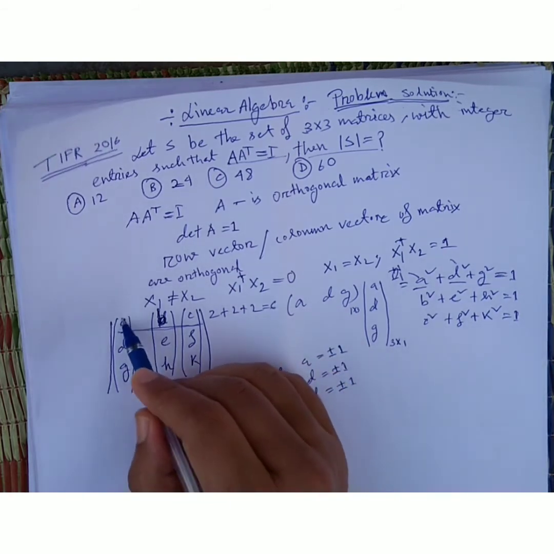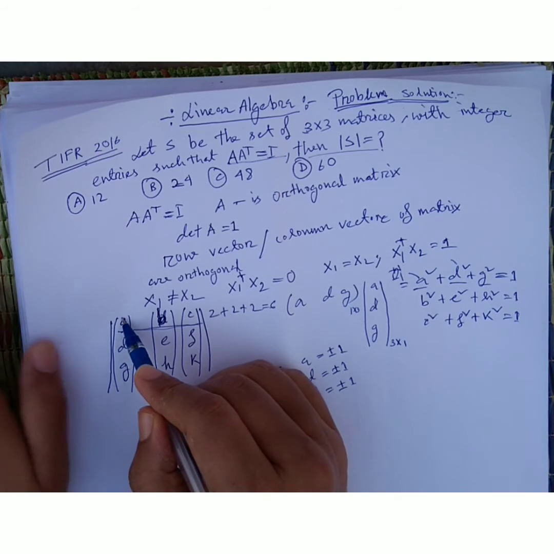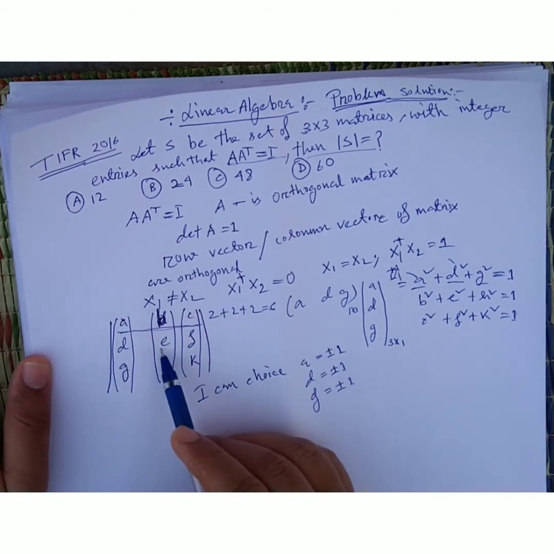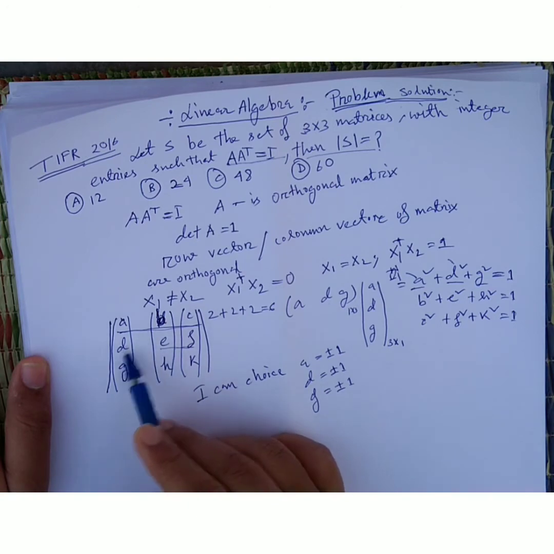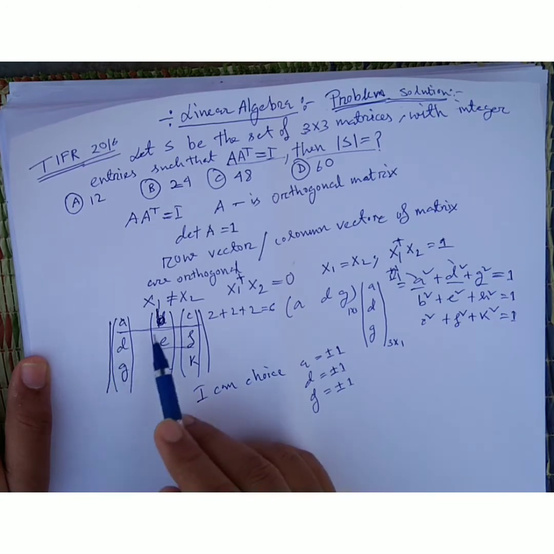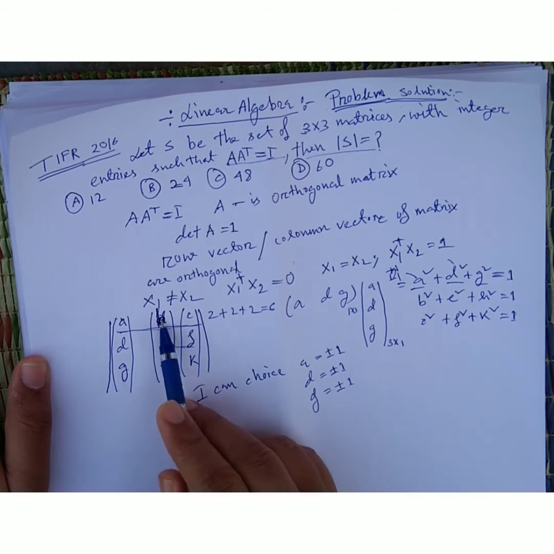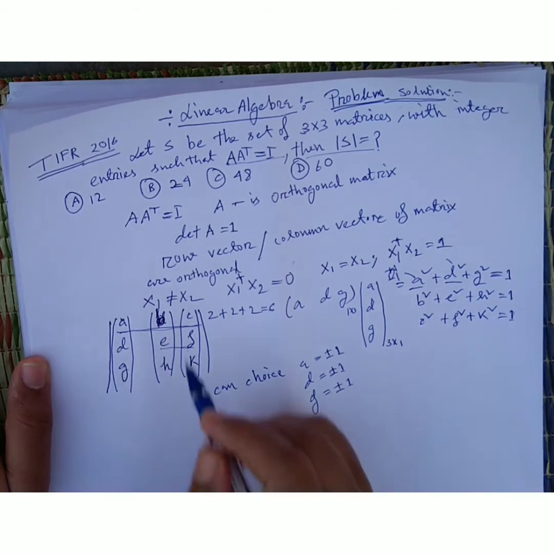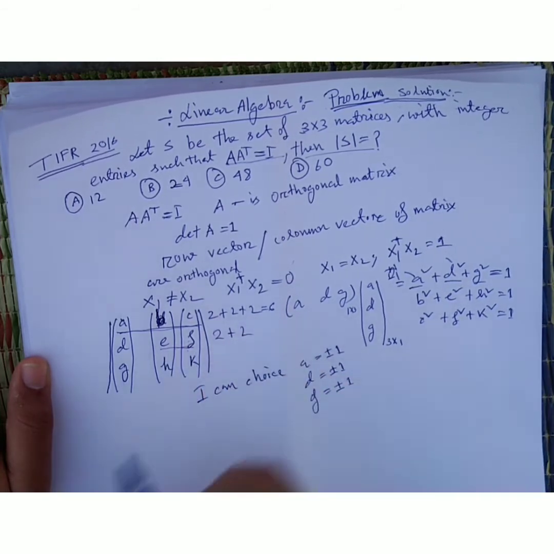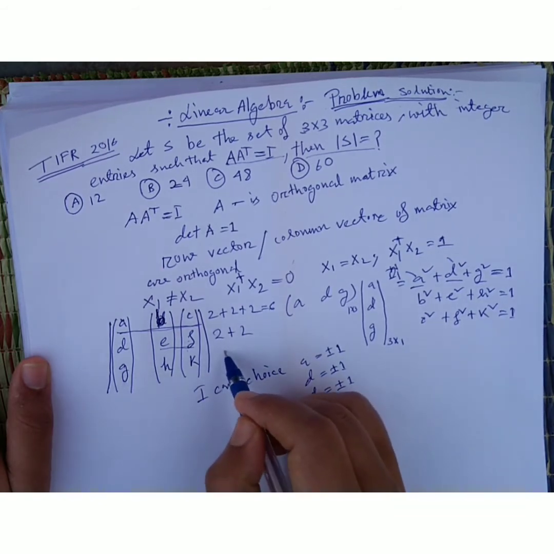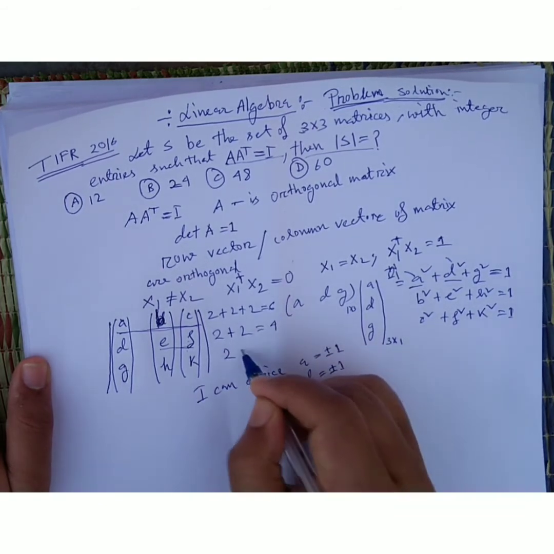When I choose A equal to 1, then in the next column my choice should be E or F. I can't choose D equal to 1. And if I choose B, then my possible choices are D and F. So here I have 4, and here only 2.